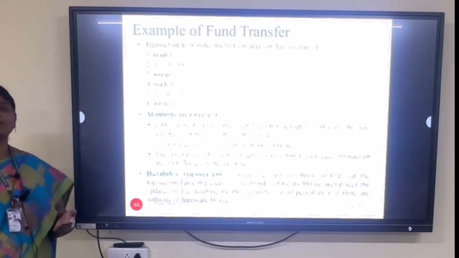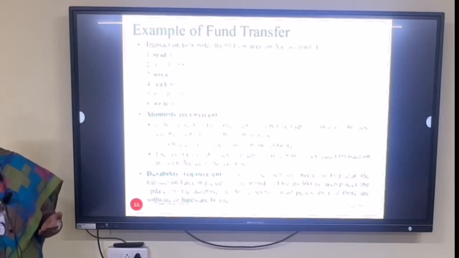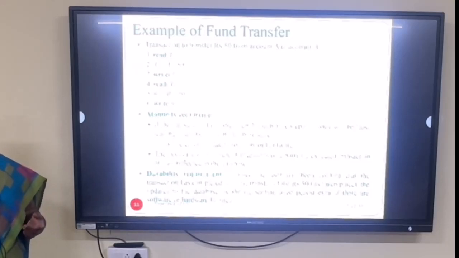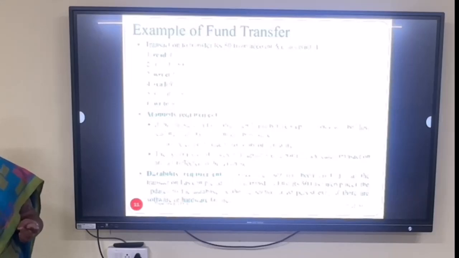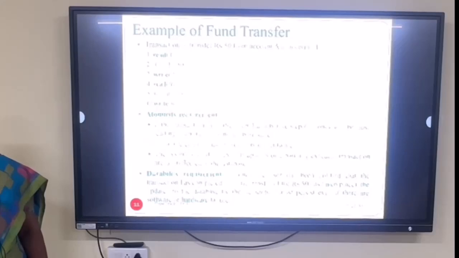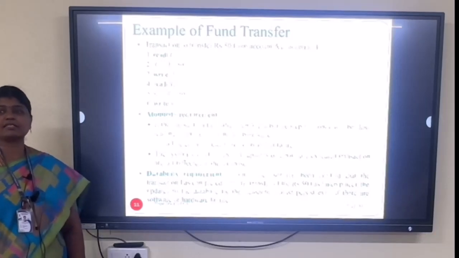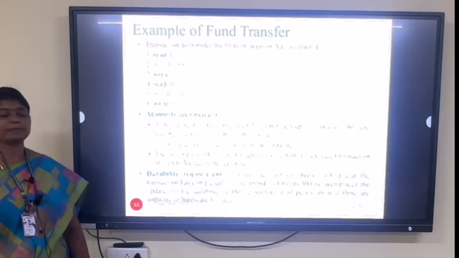But after the power failure, the amount may not come back to us. So the atomicity property plays a major role. Nowadays the rollback concept is implemented, and for power failure and system crash, the backup is done immediately. Zero-second power failure will be available, that is, the power failure will be rectified within zero seconds with the help of a generator.